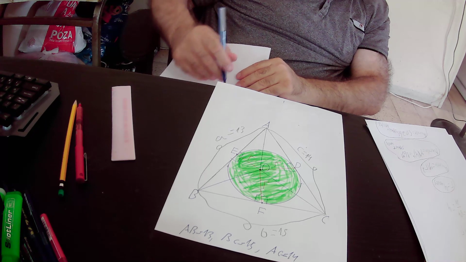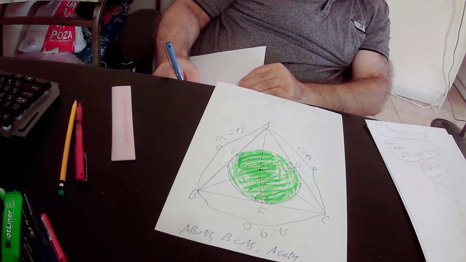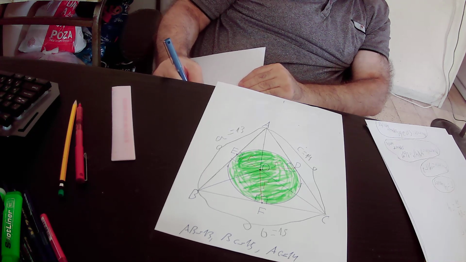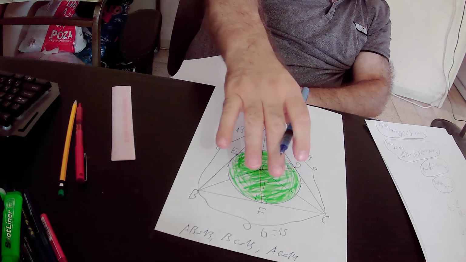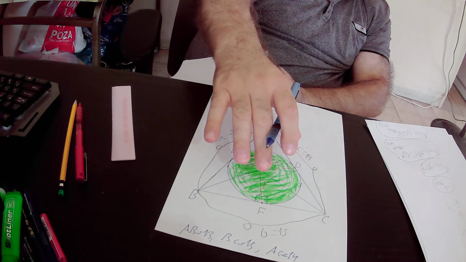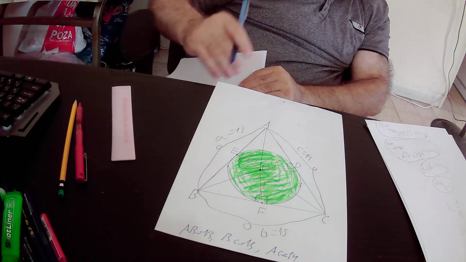Okay, in the next step, I will present to you a second method, a second way to find the area of triangle ABC.